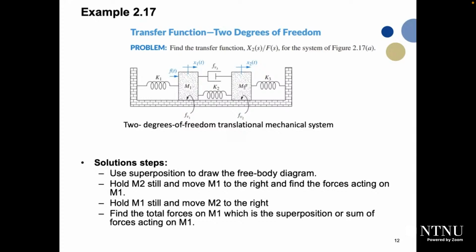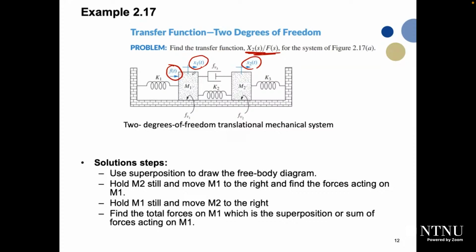So we are asked to find the transfer function, which is x2 divided by f of s. We need to see where f of s is. This is the input to your system, right? This is f of t. And we have 2 displacements. M1 will move by x1, and M2 will move by x2. So we need to find the relationship between x2 of s and f of s, x2 of t and f of t. If we push M1, do you think that x2 will change?